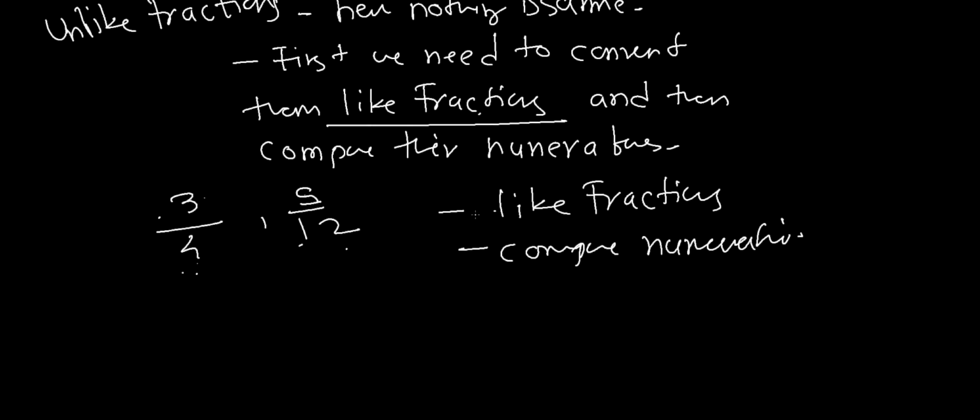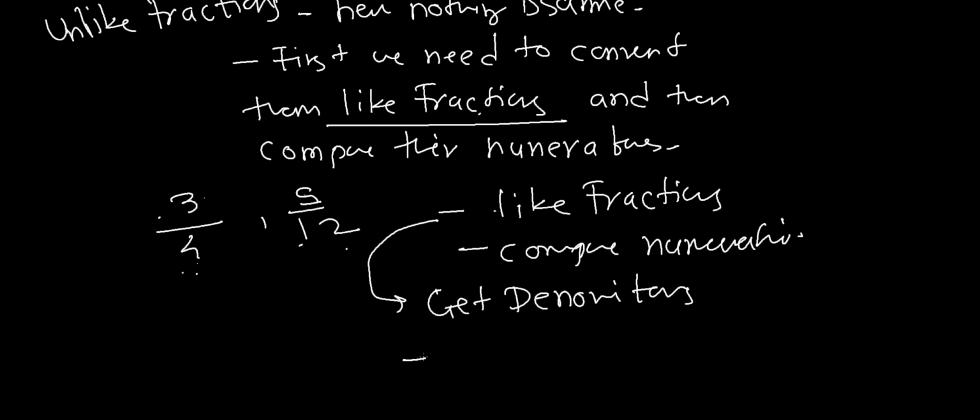So how do you convert to like fractions? First we get the denominators of the fractions and find their LCM, that is, the least common multiple.